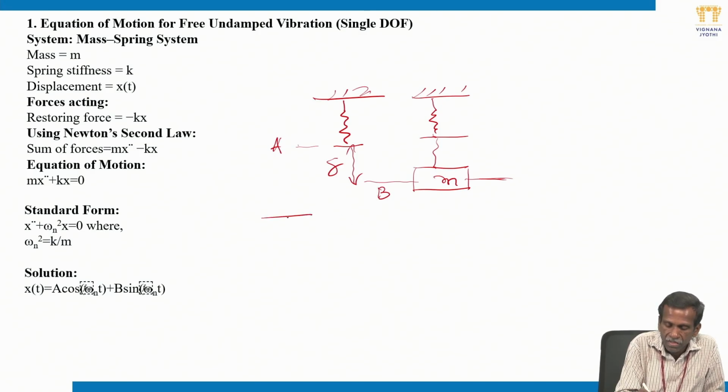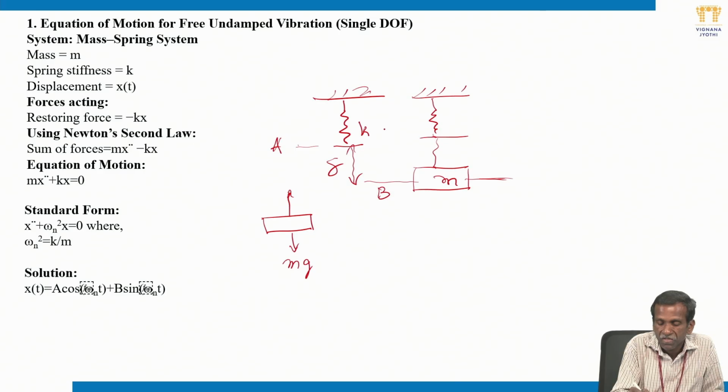If you take this mass and draw the free body diagram, mg is the downward force on the mass, and upward, because the spring has a stiffness coefficient K, as we defined earlier, the restoring force or reaction acting on the mass is K delta.